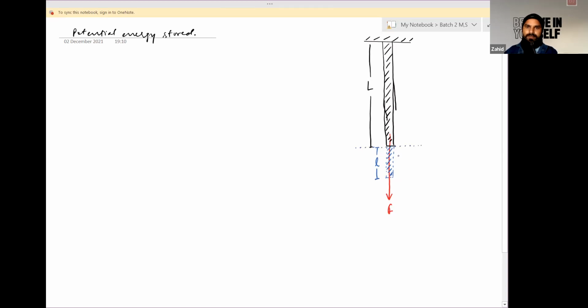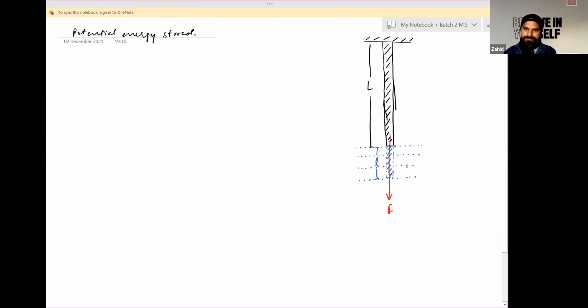Initially, it was at this point. At some time, extension will be till this point. At some later time, it will be till this point. And finally, it will be at this point. This extension produced in this wire may have been achieved stepwise.